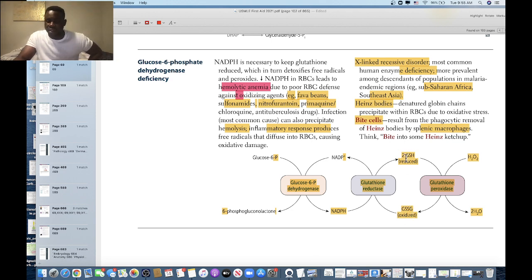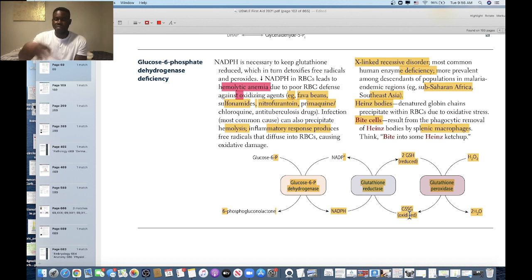Which of them do you think will show that the cell is undergoing more oxidative damage? Increase in which of them?